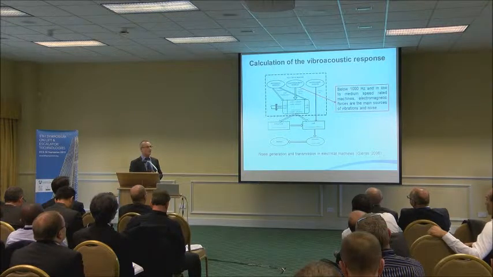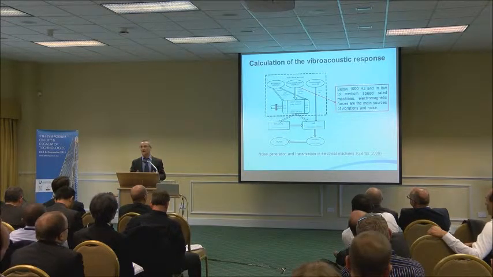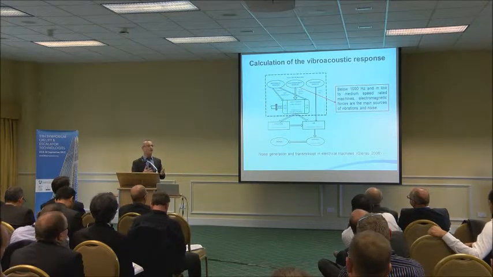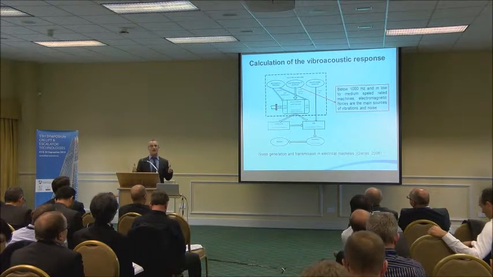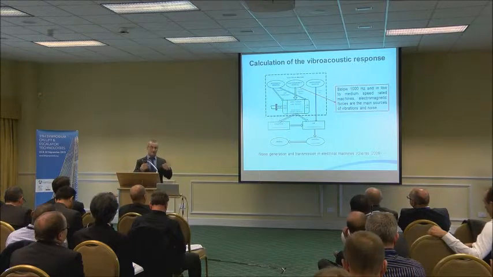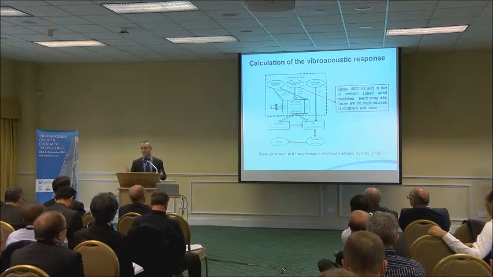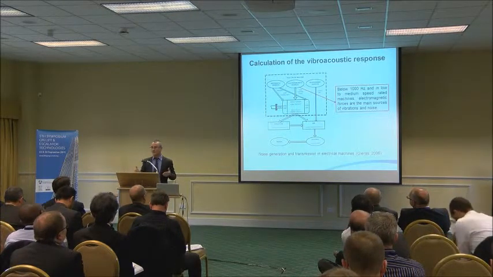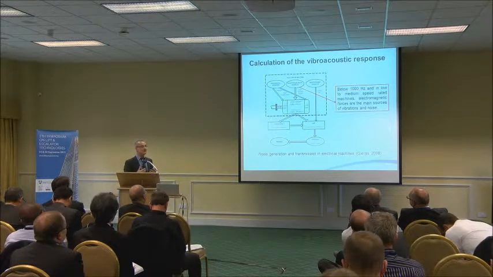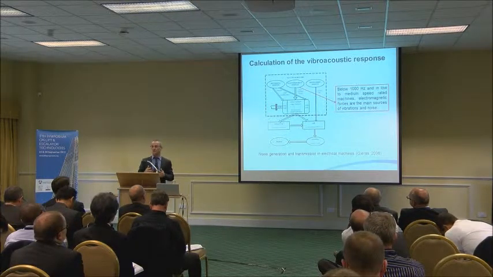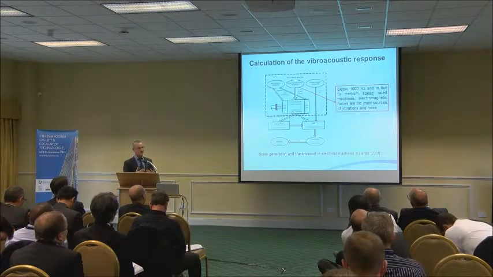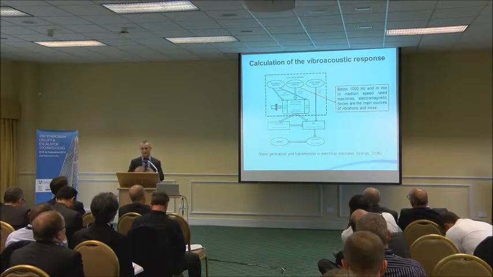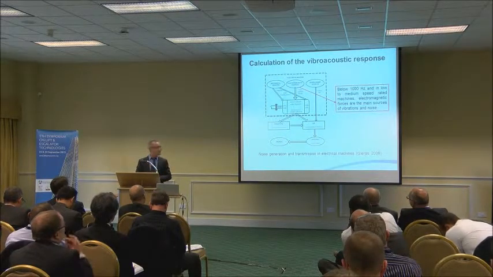We could say that for slow and common lift installations, 1 meter per second, 1.5 meters per second, and in the band of frequencies we are interested in, in terms of comfort, that is below 1,000 hertz, the main reason of vibration is due to electromagnetic forces. So this is the one we are going to calculate. We are going to calculate by different models the vibroacoustic response due to electromagnetic forces.